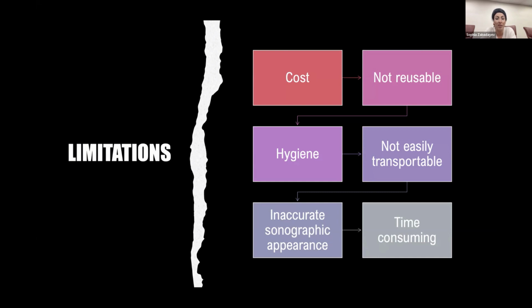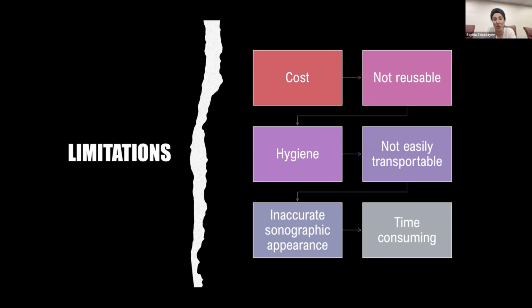Some SIM models are not reusable, which is challenging. If you're trying to teach a bunch of learners on different days, you have to have lots of models available. Hygiene is also a factor, so some models use live animals, for example, so you have to store them and keep them as hygienic as possible, and you can't reuse them for prolonged periods of time.